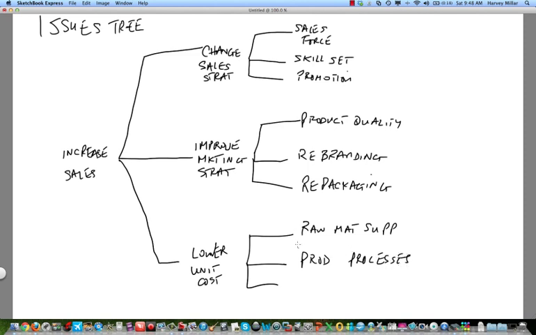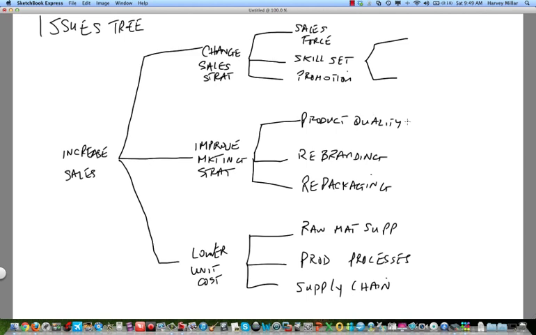Or we could look at our distribution supply chain. Each of those could then be looked at even further. For example, we could look at what are some of the issues with the skill set, with promotion, with product quality.